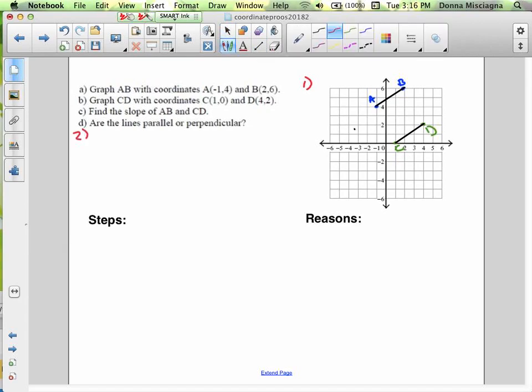Step 2. All right, what do we need to prove? What do we need to show? So if they're parallel lines, we have to show they have the same slope.